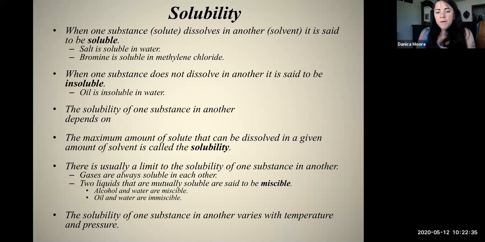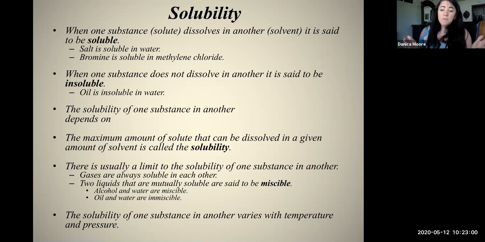Okay, so one of the things that we talked about in chapter 4 was this idea of solubility as being this kind of binary, right? So we usually talk about solubility as being either something is soluble or it's insoluble. Now we're going to broaden that into more of a continuum.